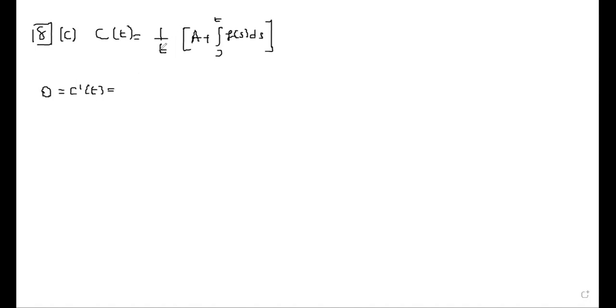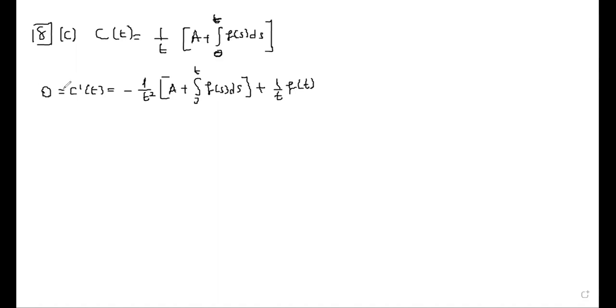The first one's derivative is minus 1 over t squared times the second one, plus the first one times the second one's derivative. Uppercase A is a constant, so we only take this one's derivative. And what's this derivative? Just apply the fundamental theorem, as we have constant 0 and a variable t. So the derivative of this function is f of t by the fundamental theorem.